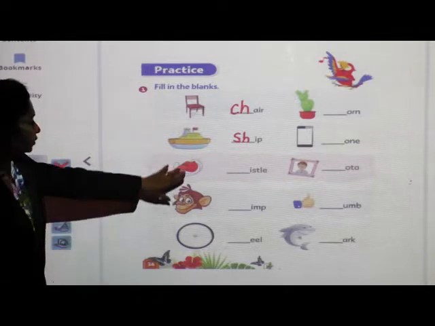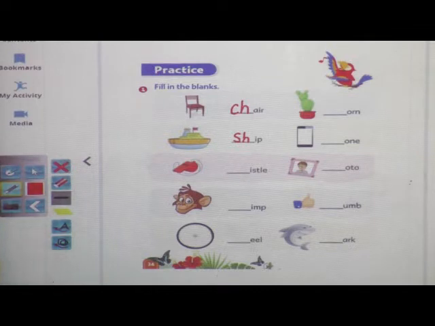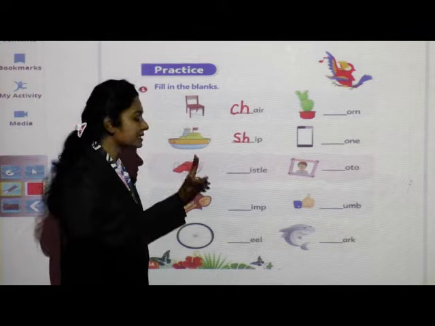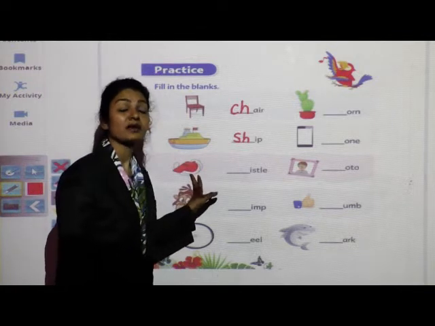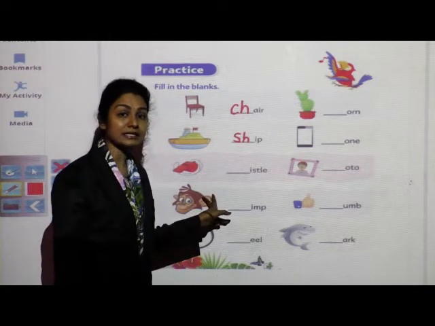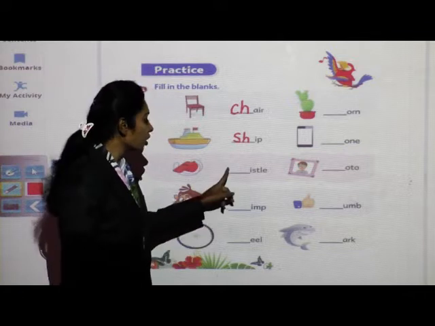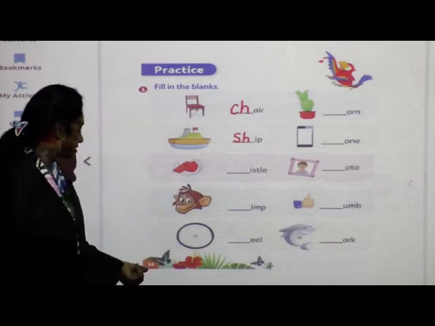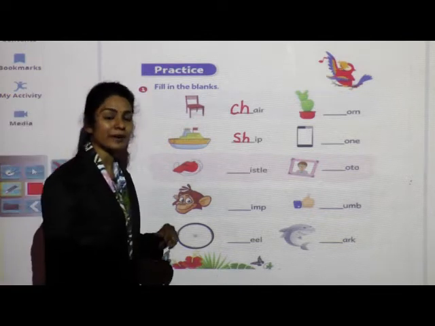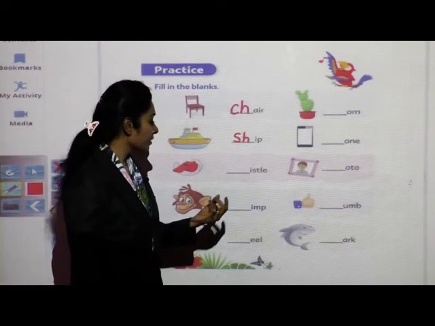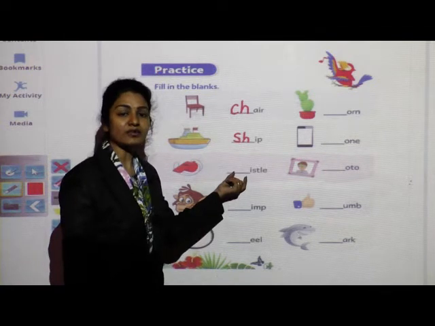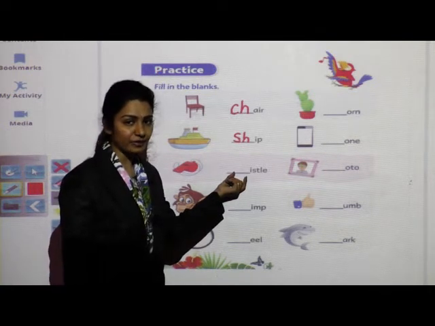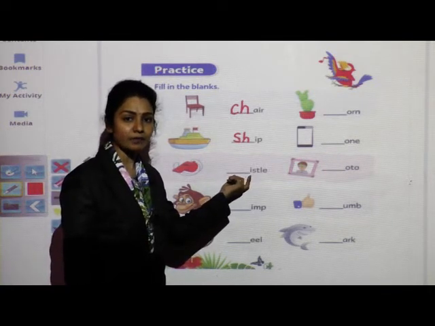Now come to the next picture. Come on, recognize that. Which picture is this? This is a whistle. So what should we write here? Come on, go to the back page. This is 34. Now go to page number 33. Which digraph will we write over here?